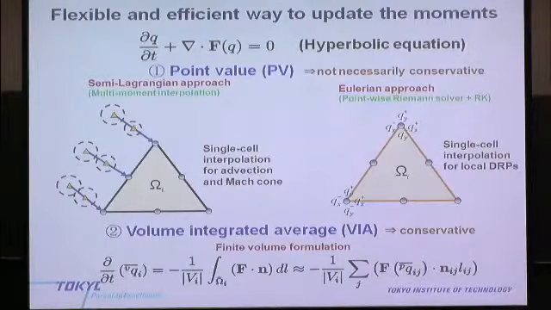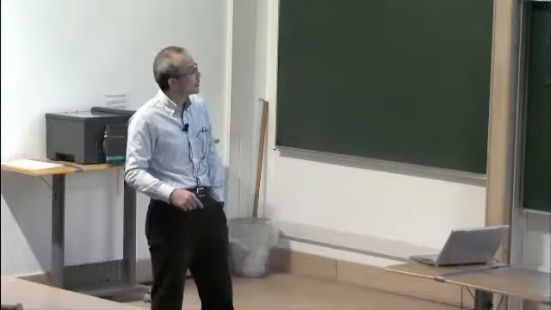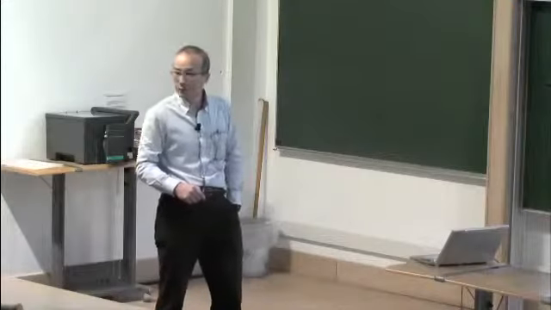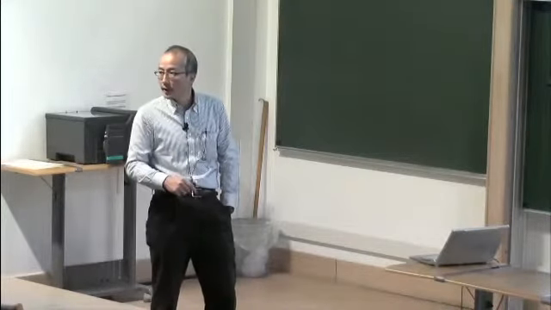So with this point value given, we can calculate the numerical flux based on it. It's just straightforward, okay? What we need here is the exact numerical conservation for the volume integrated average.